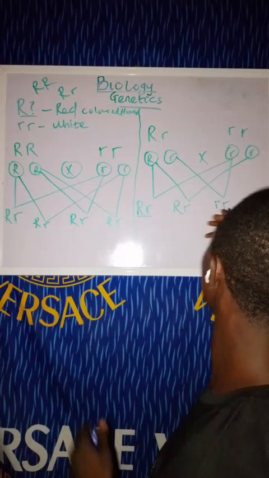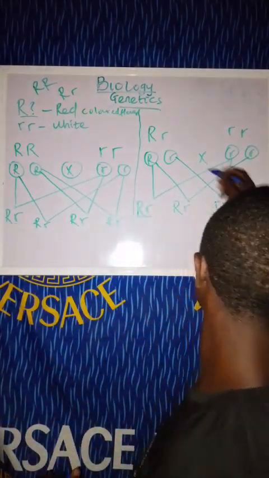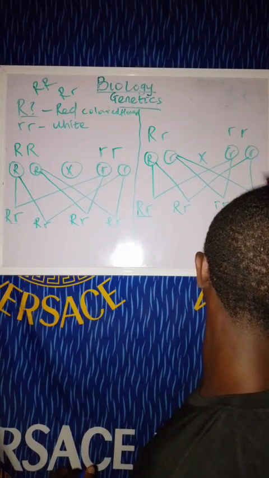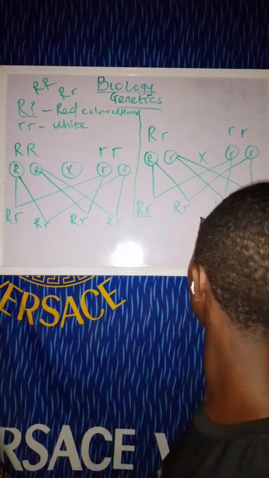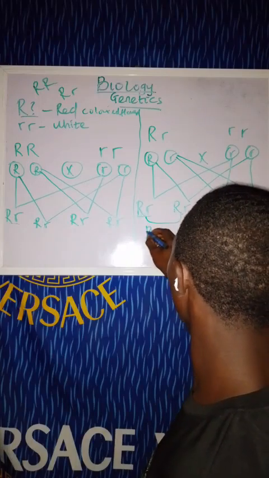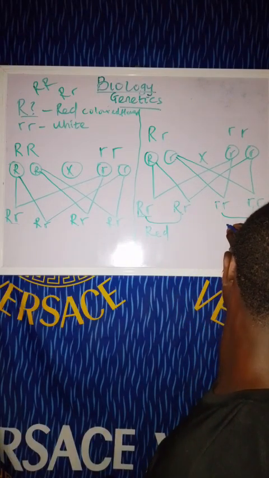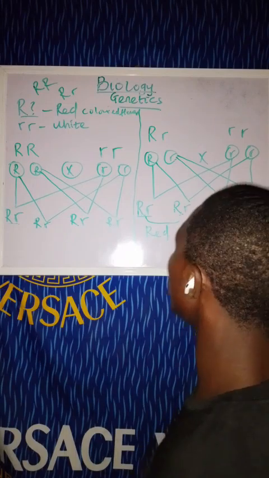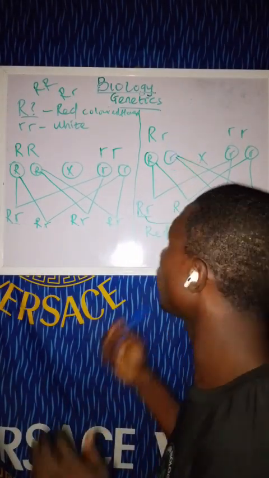So this organism is homozygous recessive for the trait under consideration, and this also goes for this to produce small letter r, small letter r. So from the offspring, half of them are heterozygous red, and half of the offspring are homozygous white. They are recessive. So this organism is said to be heterozygous for the trait.